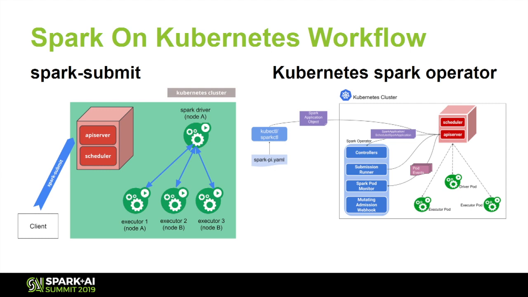You have the controller to control all the Spark application objects and lifecycles, talking with the submission runner to do the real Spark launch. It also has a pod monitor to monitor all the pods' status and report back to the controller for better decisions. It also has a mutating admission webhook that provides callback functionality, allowing you to customize your Spark drivers or executors on the fly, such as adding volumes or config maps.